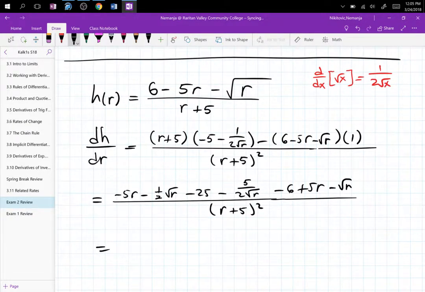So now, combine like terms. Let's start with the R's. These guys cancel.